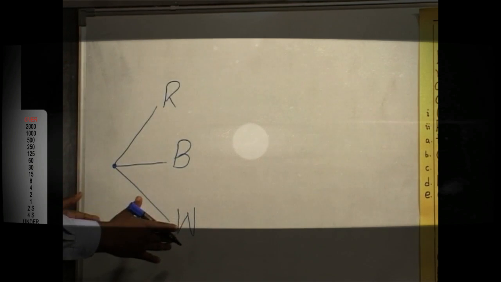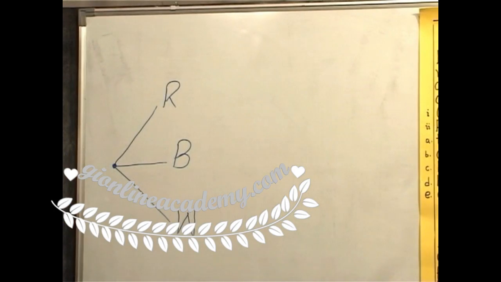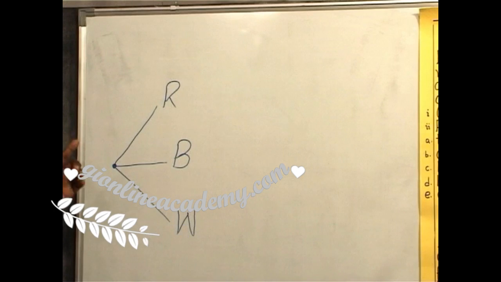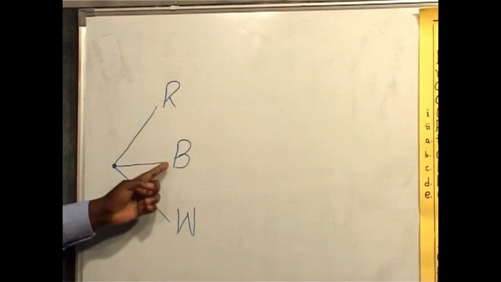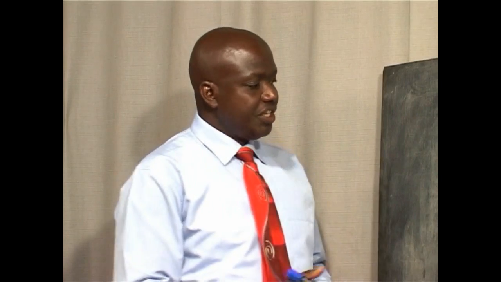This is the first stage representing the picking of the first marble. And I said, on these branches, we must be able to indicate the probabilities leading to each one of these outcomes. So let's start with the first one, which is red. What is the probability of having a red marble given this situation?